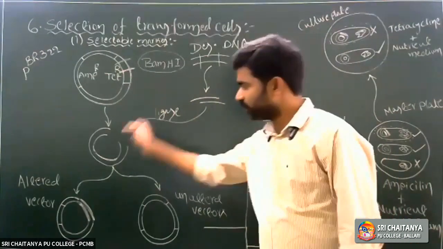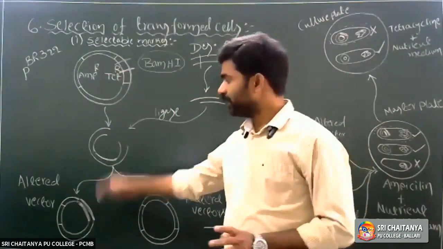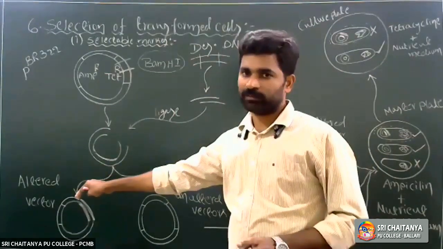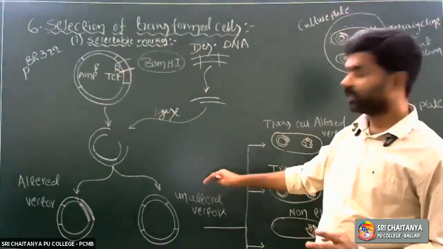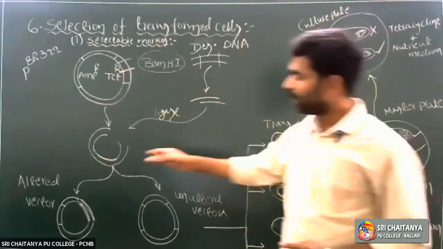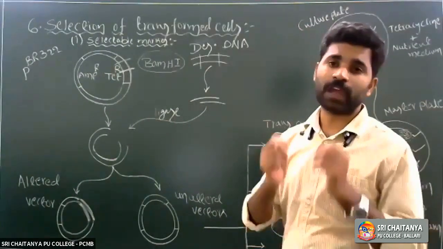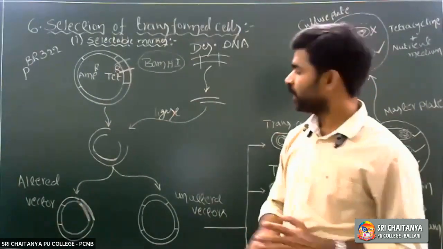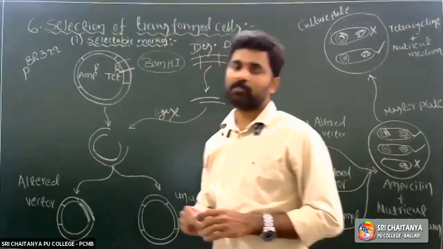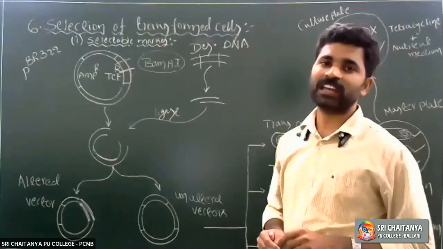So it results in the formation of two types of vectors. Some vectors have an insert or foreign genetic material, which we call altered vectors, right? Some vectors do not have any insert, which we call unaltered vectors. So the altered vector exhibits resistance to ampicillin only. Why? Because the ampicillin resistant gene is present in the altered vector, but the tetracycline resistant gene is inactivated.